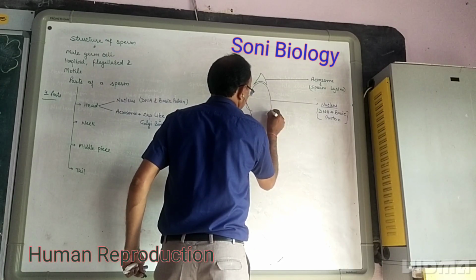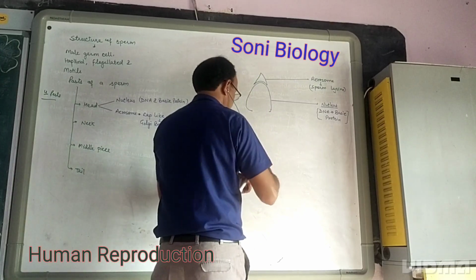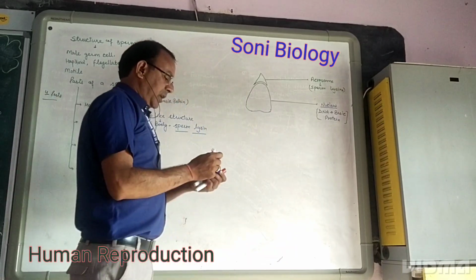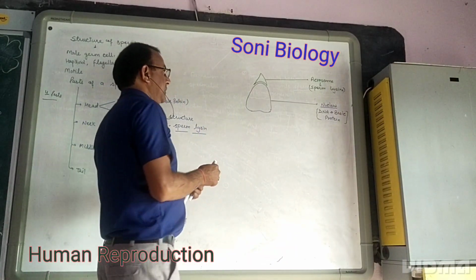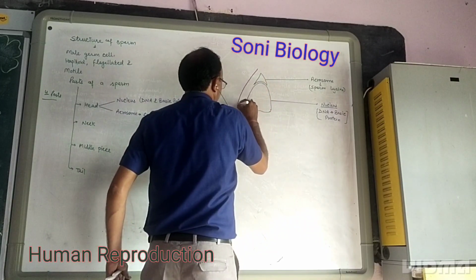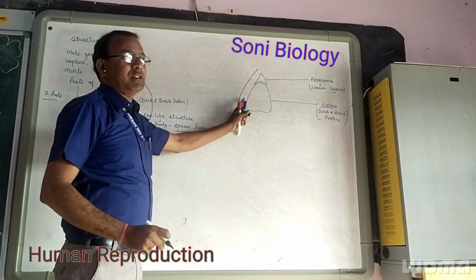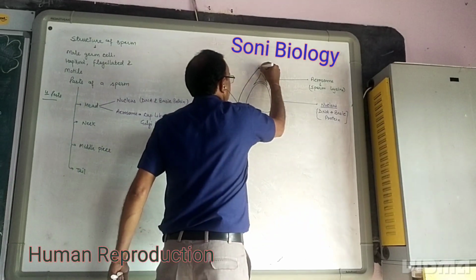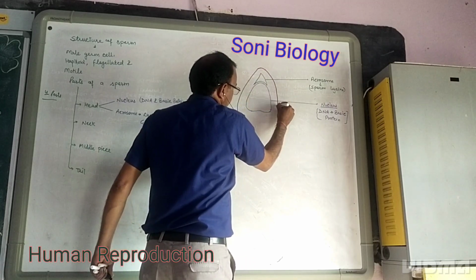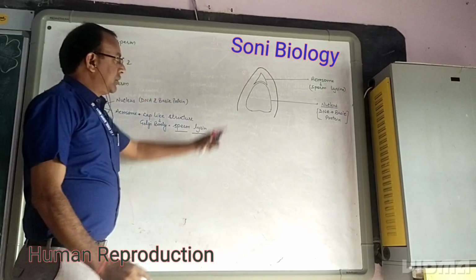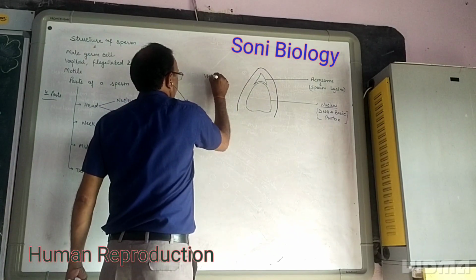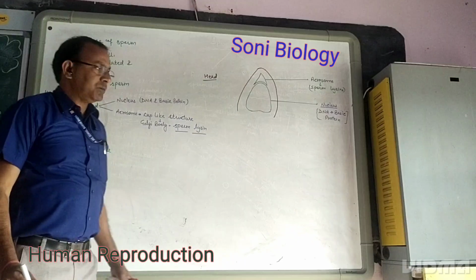It shows a small depression. The sperm is covered with a membrane, that is called the plasma membrane. This whole structure, the nucleus with the acrosome, is called the head of a sperm.